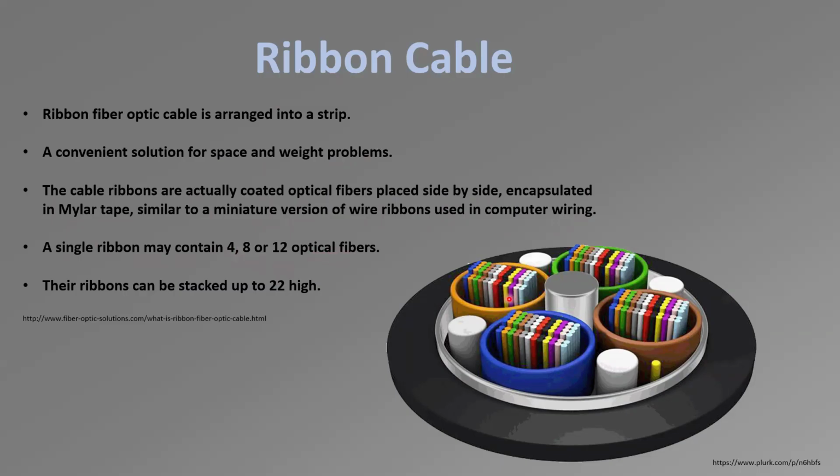This one is 1, 2, 3, 4, 5, 6, 7, 8. Okay. And the ribbons can be stacked up to 22 high. So you can pack way more strands if you organize them, and you still get the same effect as the loose tube.